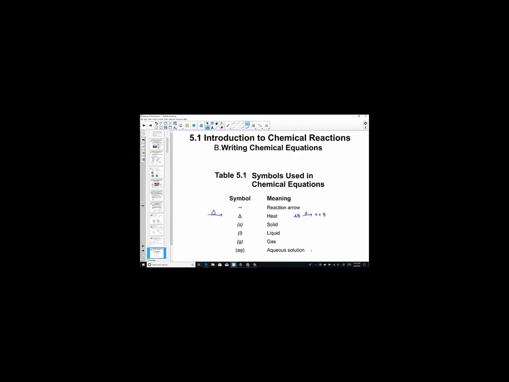If something is dissolved in water, it's an aqueous solution. So if I have, let's say, table salt as an (s), or table salt as an (aq), you now get a better feel of how the conditions are for the equation. This, of course, would be in a solid form.